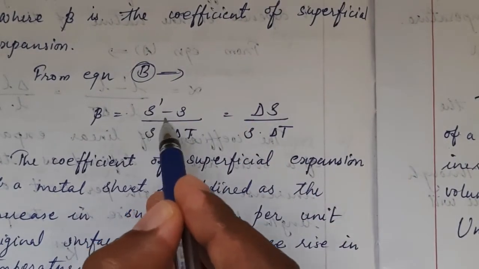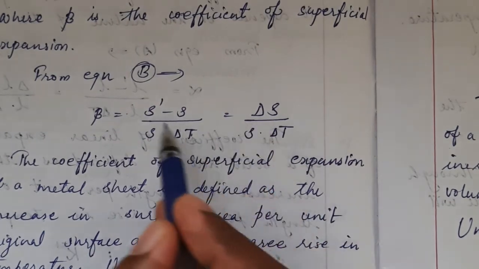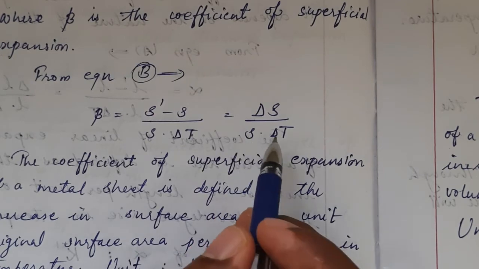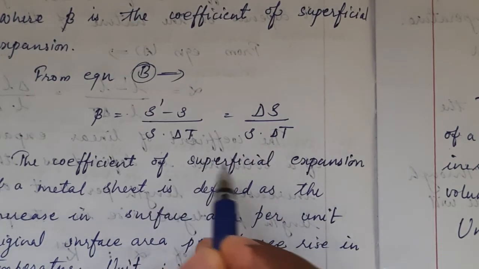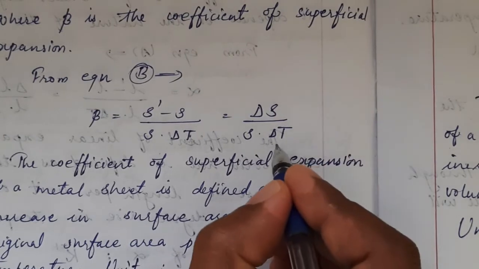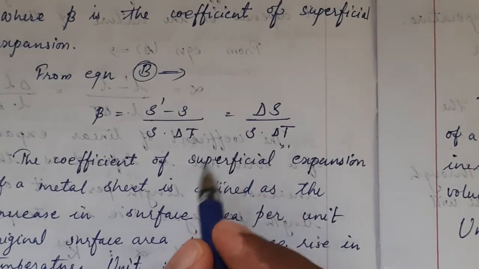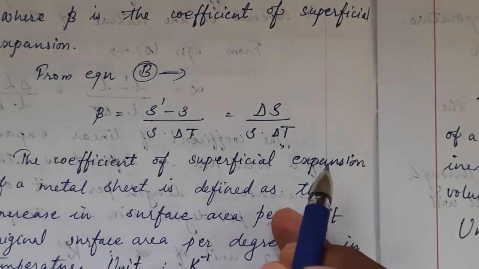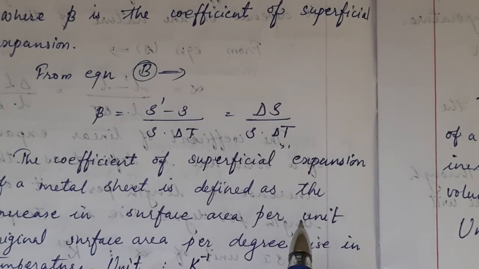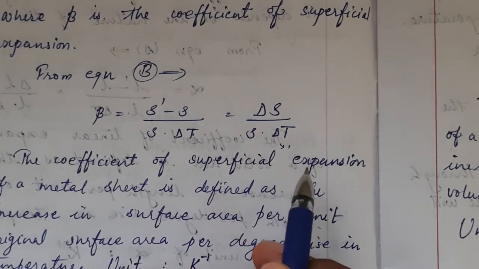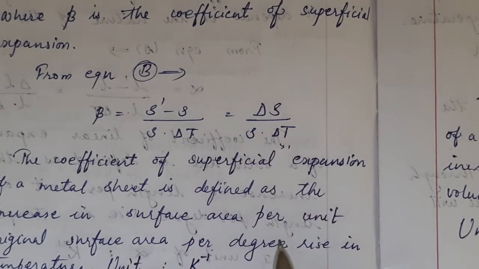And from this equation we can write beta is equal to S dash minus S by S delta T, that is increase in the area delta S by original area S into delta T. So here also we can give a definition for superficial expansion: when delta T is 1, this beta is equal to delta S by S. That is, coefficient of superficial expansion is defined as increase in surface area by original surface area per unit increase in temperature.